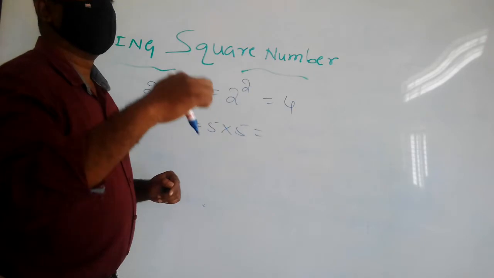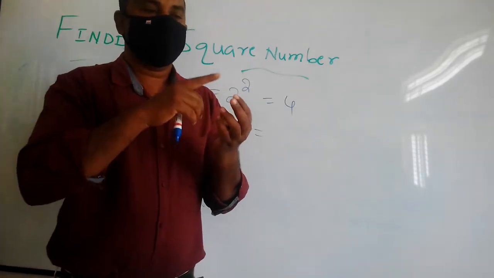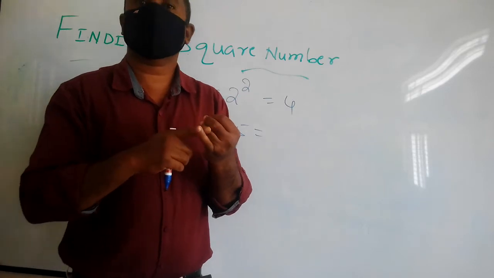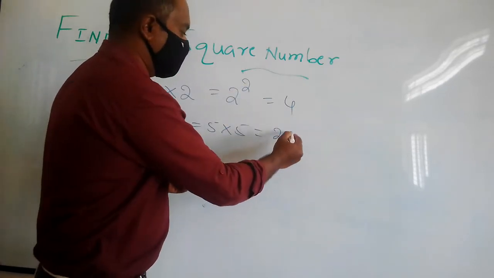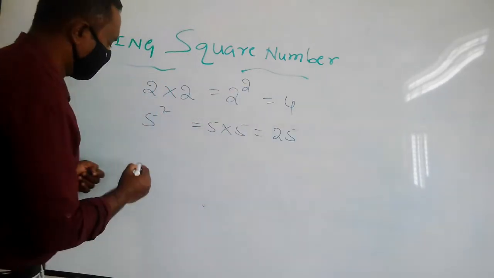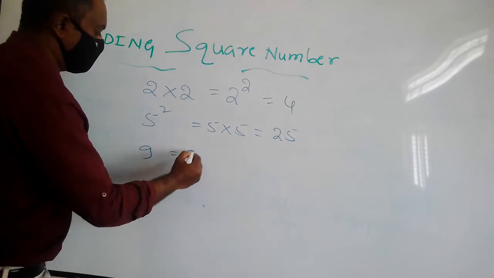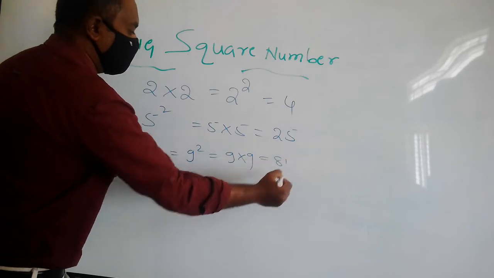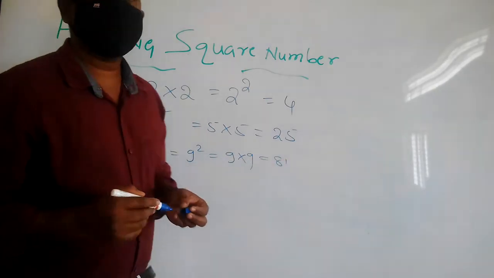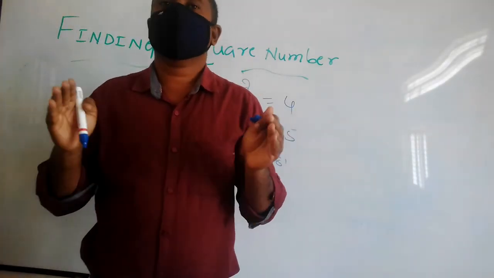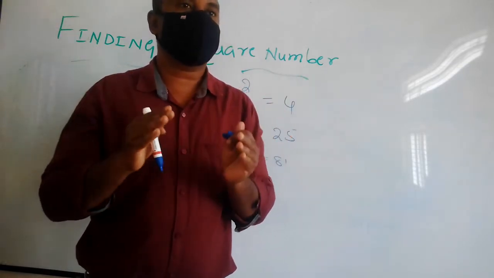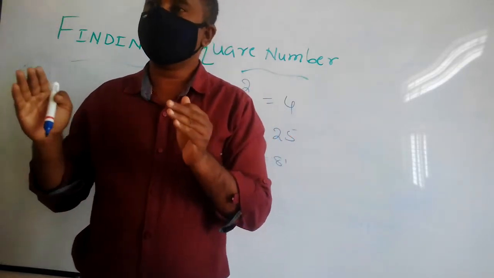Read the 5 table up to 5: 5 ones are 5, 5 twos are 10, 5 threes are 15, 5 fours are 20, 5 fives are 25. Clear? Lastly, 9 square is equal to 9 into 9, 81. These are very easy because the digits are very small. So for small digits you can find the square easily.